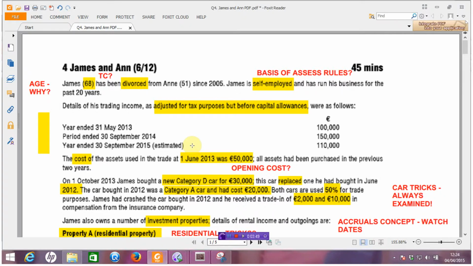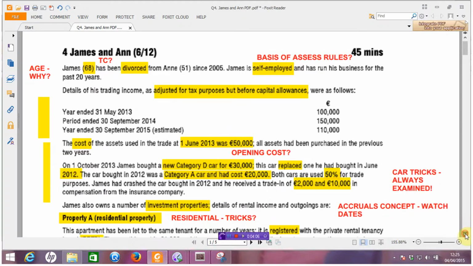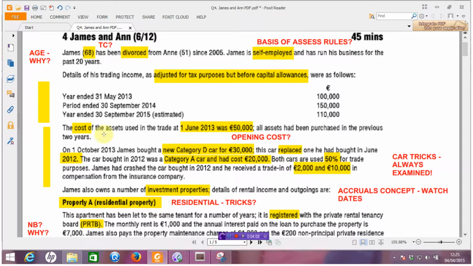It's actually fairly straightforward. Okay, so moving on from that, we get some details here about capital allowances, and as you would expect, and as I've mentioned here, if capital allowances are going to be in play, it must be car related, and there are a number of tricky little rules in relation to cars. In terms of the basic information, we're given the cost of the assets really at the start of this period here, or indeed after the end of it, so 1st of June 2013. We're effectively given an opening cost.